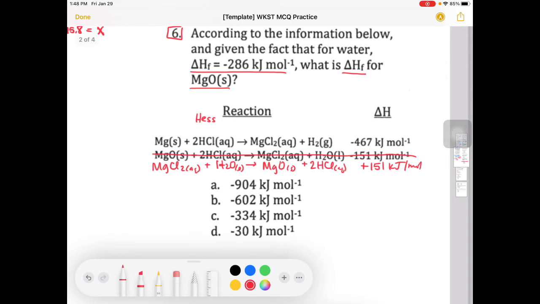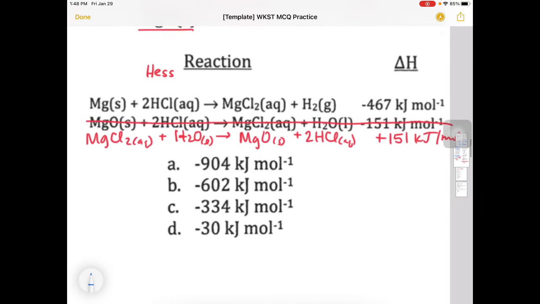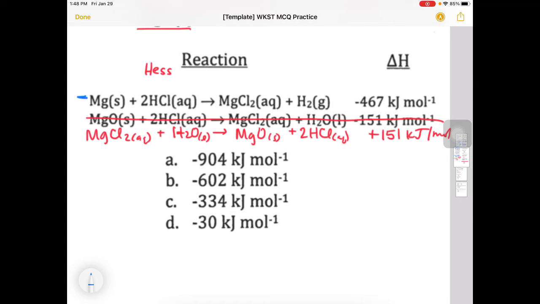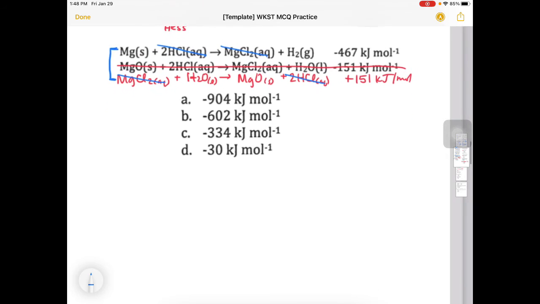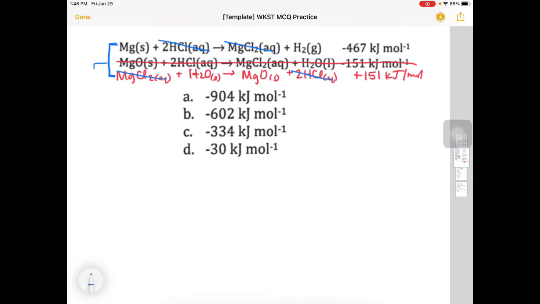Okay, the next thing I can do here is I can merge that first equation and that revamped second equation together. And I can cancel things out that appear on opposite sides. Okay, and then I'll add my delta H's. So underneath here, so I have more space, I'm just gonna write them together.